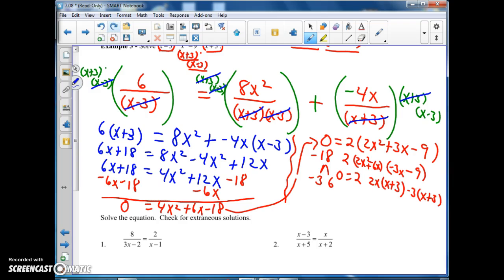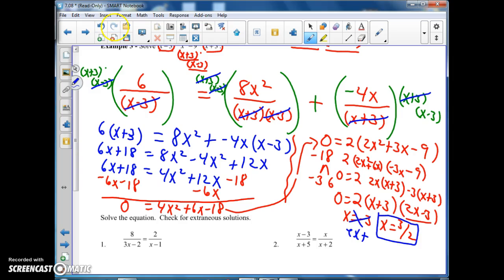So that's what you have to see now. x equals negative 3 and x equals 3 halves. Now, is negative 3 a good answer? When you plug it in, it gives you a 0 on the bottom, so it's going to be extraneous. That becomes your answer.